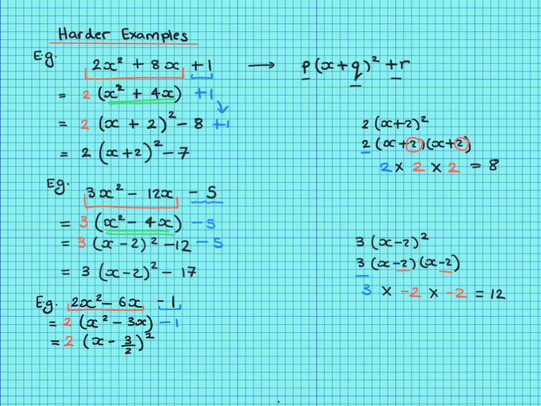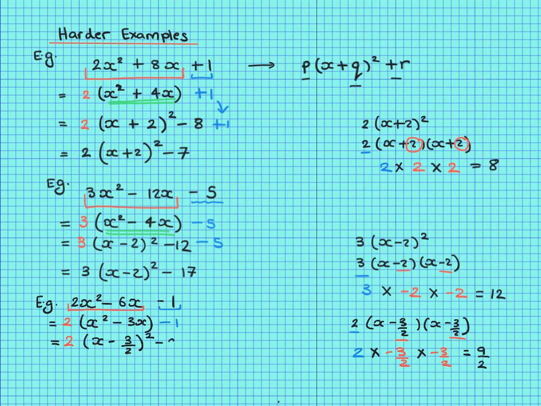So we need to know what happens when we expand these brackets. So we would have 2 times x minus 3 over 2 multiplied by x minus 3 over 2 when we multiply out this square bracket here. So that's going to give us a 2 multiplied by a negative 3 over 2 multiplied by another negative 3 over 2, and that of course will give us a value of 9 over 2.